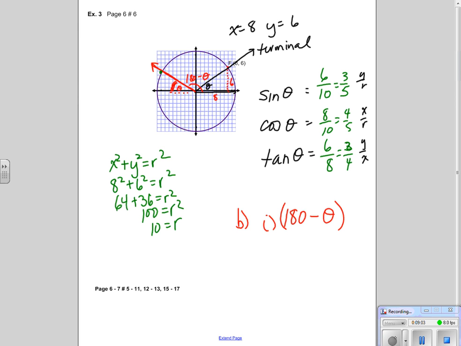So you must be able to make a run of 8 and a rise of 6. Terribly, terribly drawn. But that would be the point minus 8, 6. So for the angle 180 minus theta, we have the point minus 8, 6.